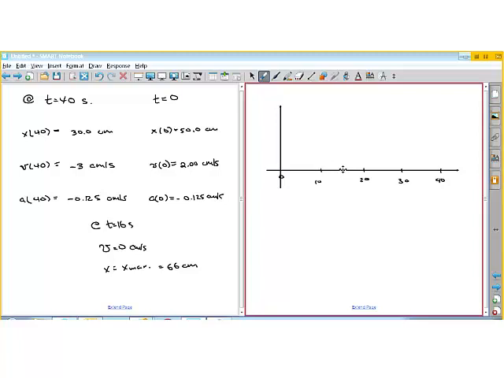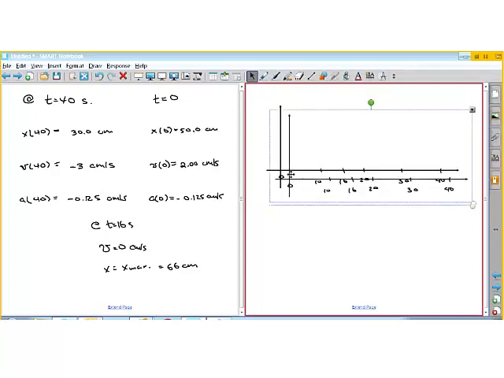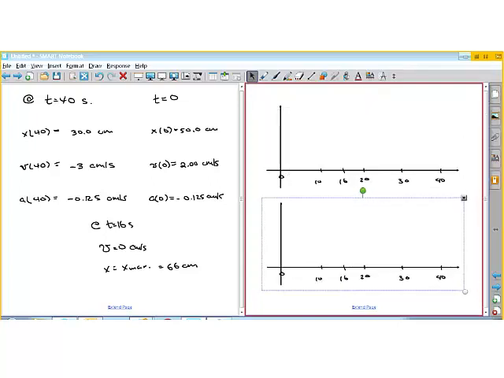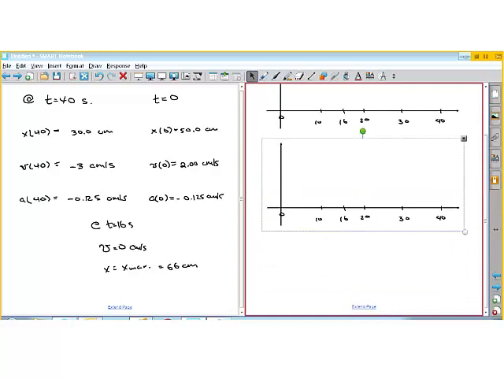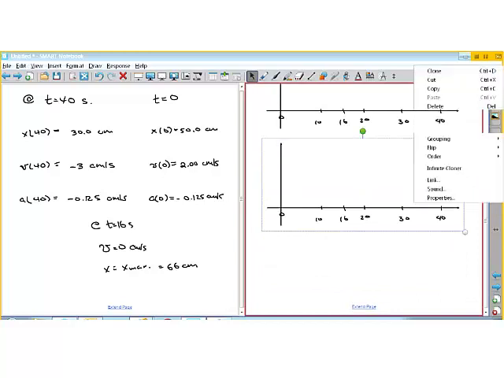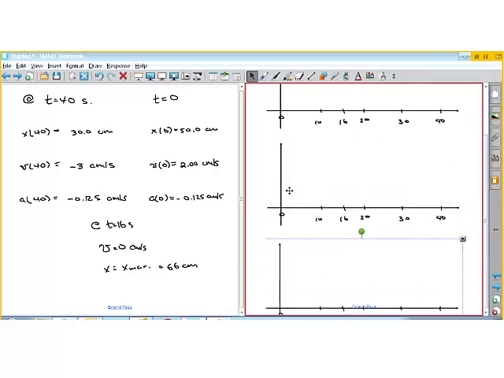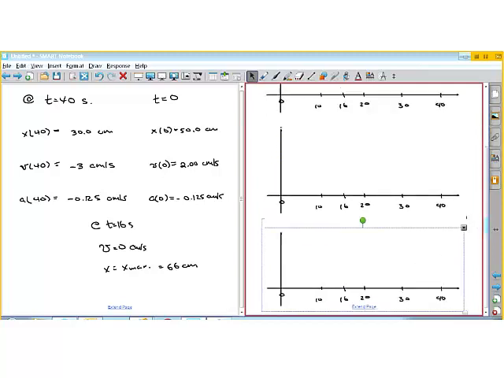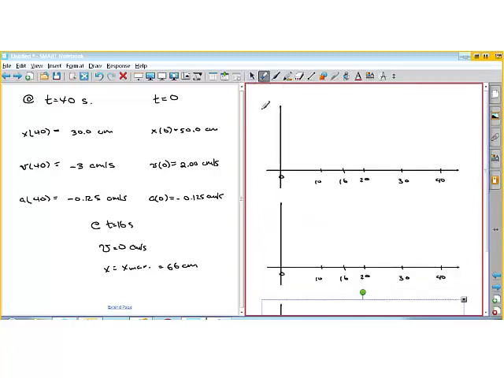That's 30. t equals 16 is going to be somewhere about right here. So I'm going to group that together and make 3 copies of it. We may actually go to negatives, so I may have to make some slight modifications.